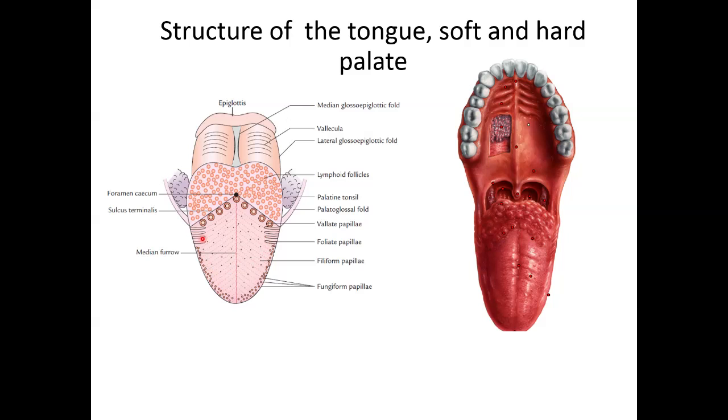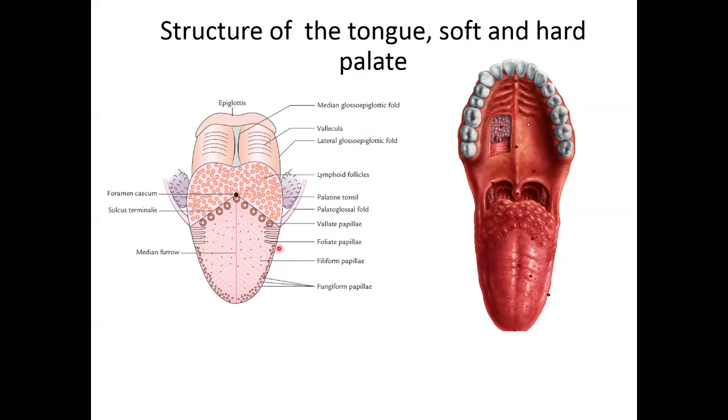They are divided into papillae vallatae, the largest, which are located close to sulcus terminalis. Here they are, papillae vallatae.